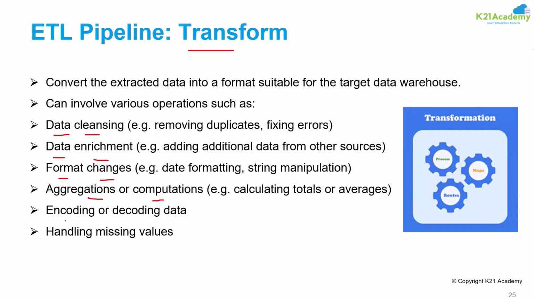For example, data may be encoded, and you may want to decode it as per the required format. What about missing values? You are working on a database that may have some missing values. Do we have any kind of assumption for the missing values? Do we want to introduce some more data? All these types of operations can be performed in the transform phase of your ETL pipeline.